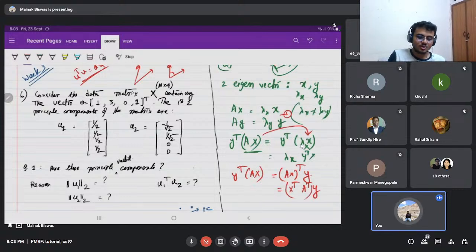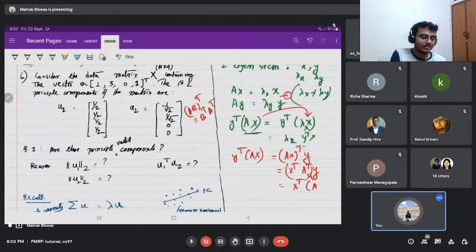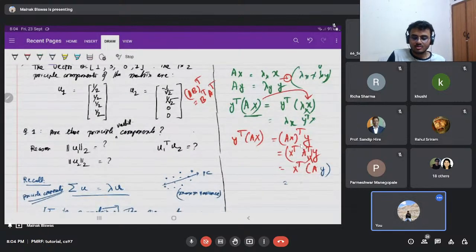When you take the transpose of a matrix times a vector, you get the order inverted. This is the matrix property. Now you can change the association by the associative property, and A transpose is equal to A as it is a symmetric matrix. So now this is equal to lambda y times y transpose x, right?